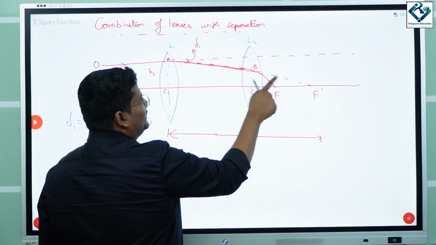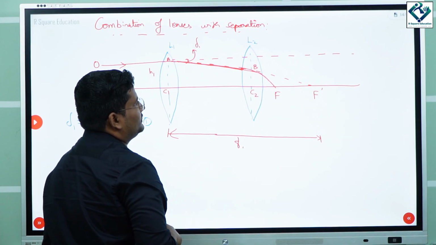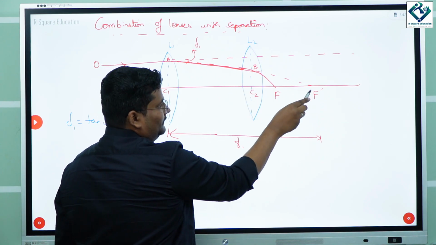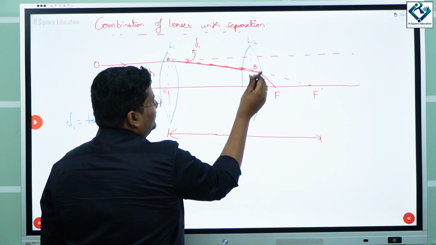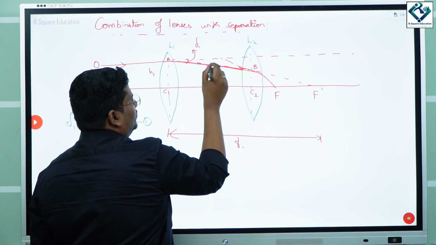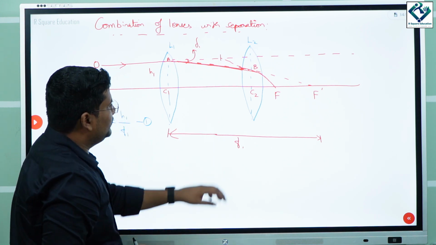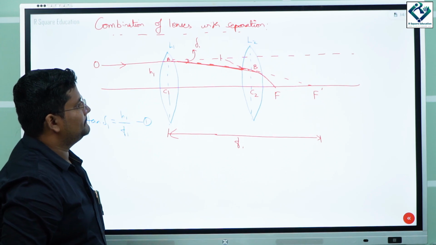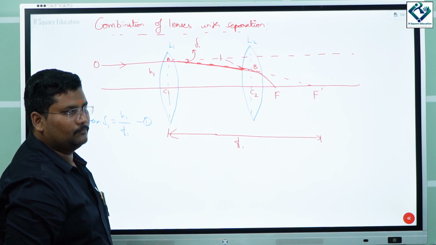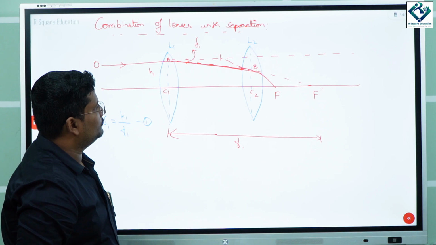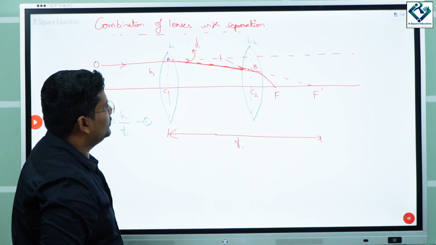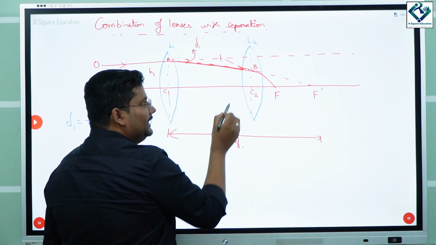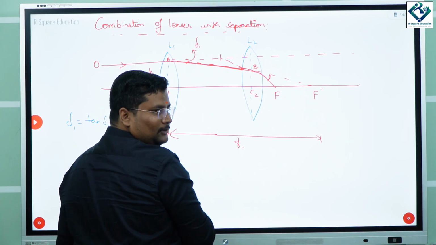Now இதுலேருந்து எவ்வளோ தூரம் டிவேட் ஆகிருக்கும்? இந்த லென்ஸ் இல்லை அப்படின்னா இதுதானே ஸ்ட்ரெயிட் லைன். இப்போ இந்த லென்ஸ் வந்ததுனால இங்கே தான் டிவியேஷன் இருக்கும்.